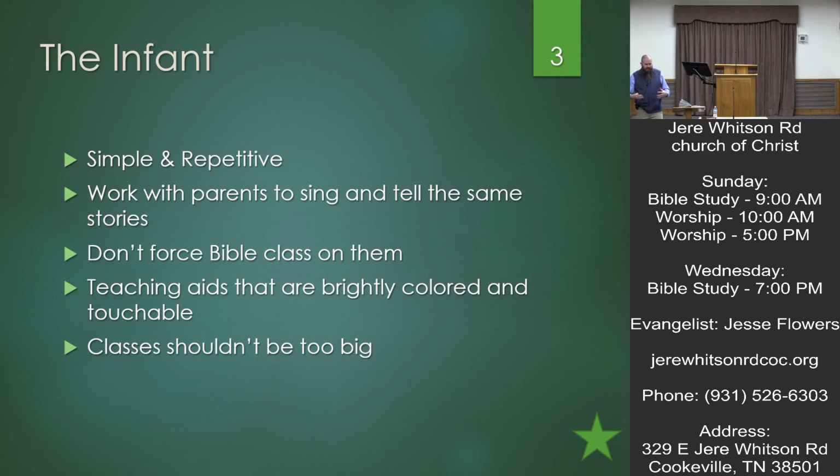There are things that they can hold in their hands, and there are songs that go along with it. And you're constantly moving and keeping it going. Those are things that are simple and repetitive, so they can actually start learning these stories from a very, very young age. And I mentioned the tubs. The tub is just filled with aids, things that are going to help you and help the kids, keep them active, keep them engaged and keep it moving along.